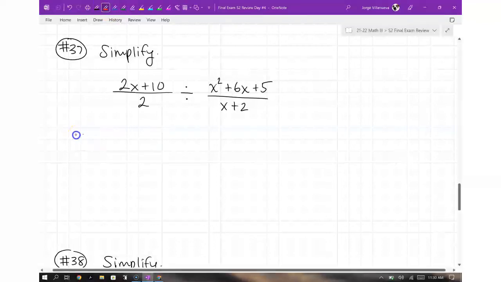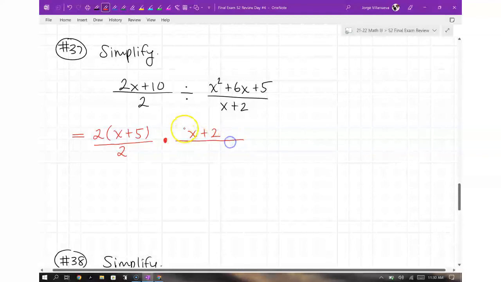As I do that, though, I do want to factor as much as possible. So look at the top left corner, the 2x plus 10. What can I factor from that? A 2. So this will become 2 times x plus 5 over 2 times. Now, if I flip the second fraction on top, it's just going to be x plus 2.